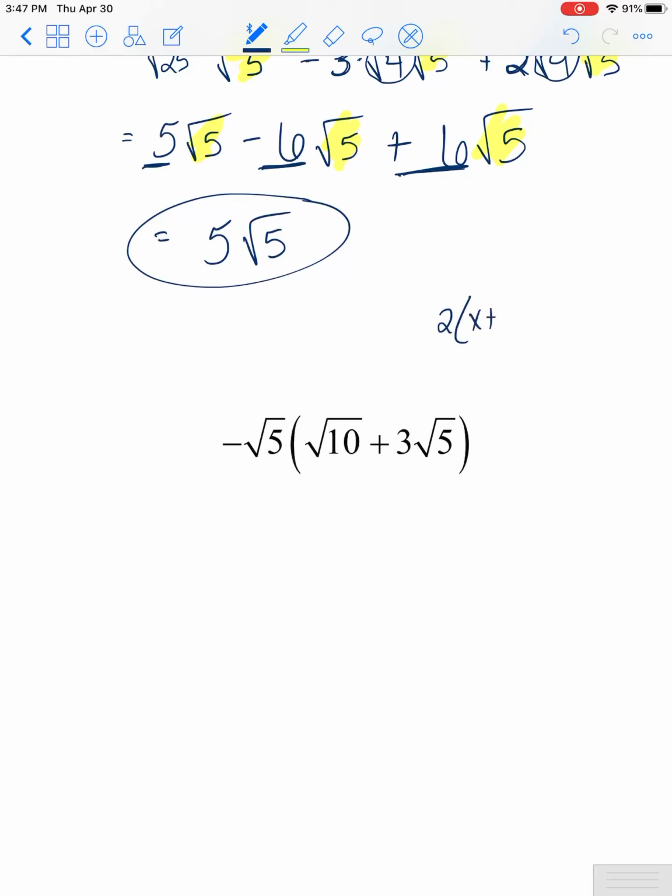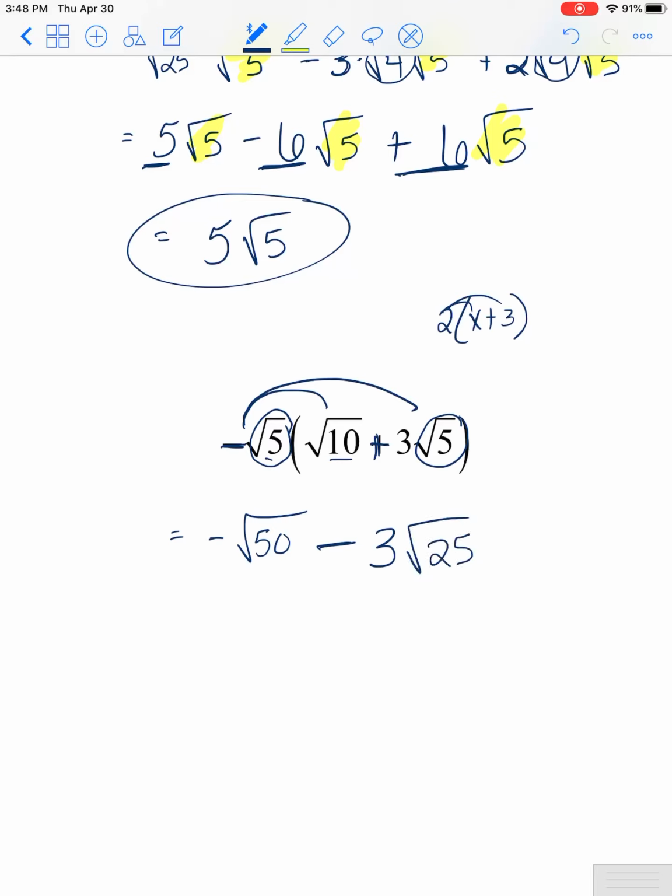All right, this one kind of looks like something that you would have distributed. So same thing here. I'm going to distribute, but you're just multiplying those radicals. So this becomes a negative radical 50, so 5 times 10, minus, because a negative times a positive is negative, 3 radical 5 times radical 5 is radical 25.